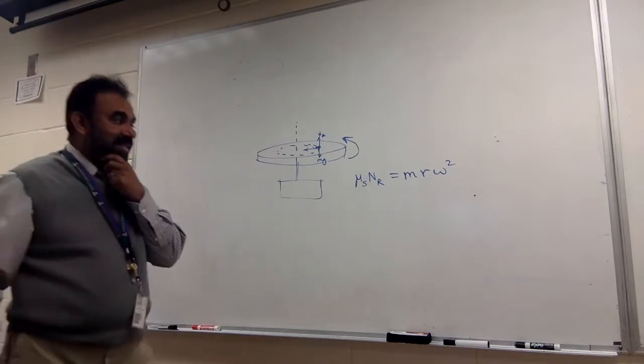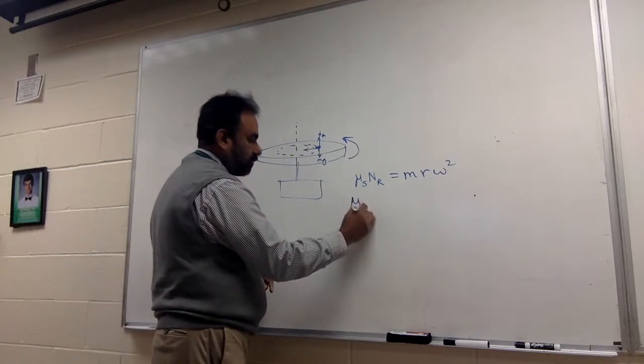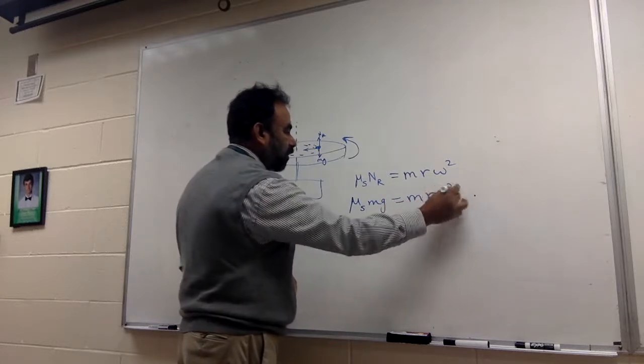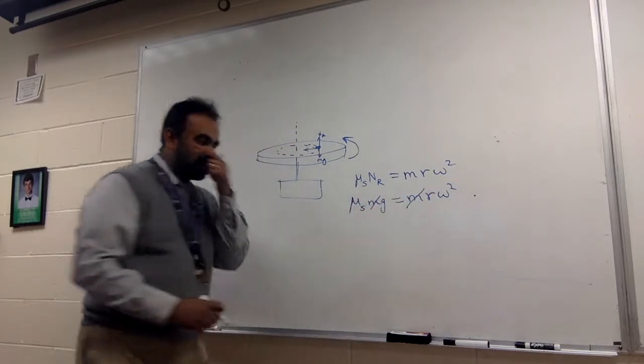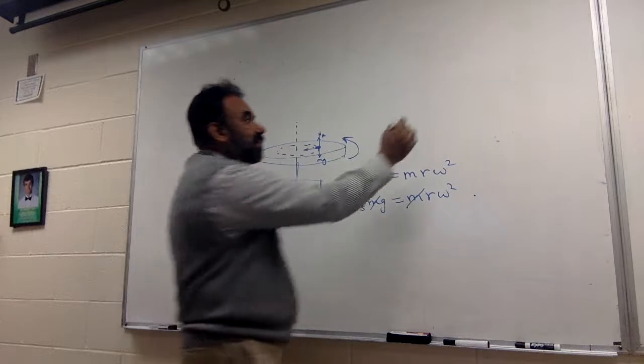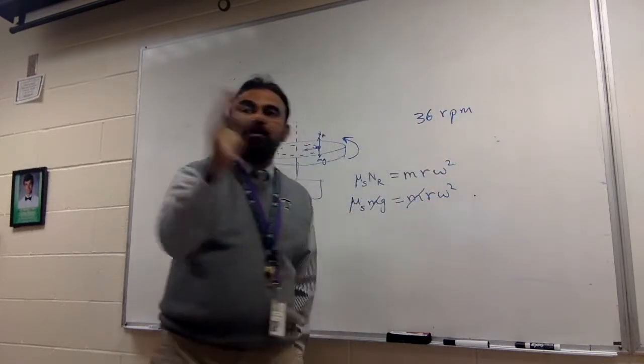And what it is saying is this. What is normal reaction? Mg. So M goes off right there, and we don't have to know the coin's mass. It also says that at 36 RPM it slips off.